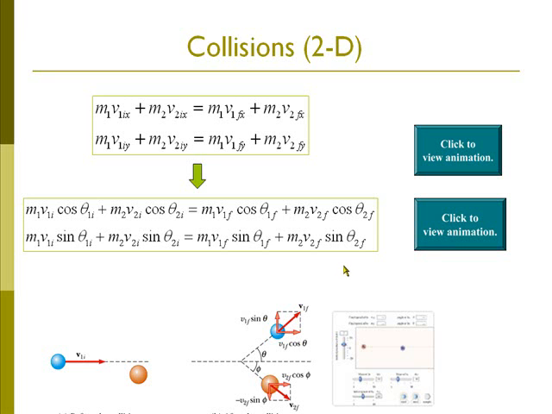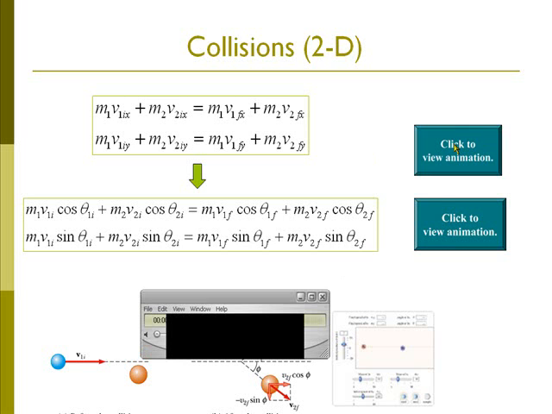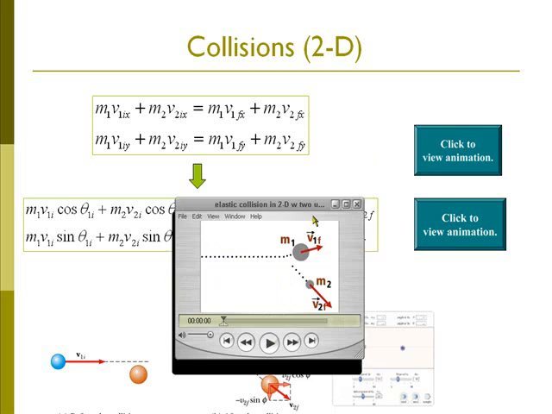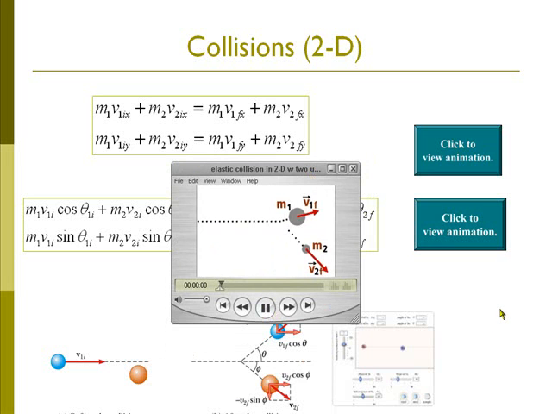Let's view some animations regarding these types of collision, and let's begin by viewing the video animation. When a moving object undergoes an elastic collision in 2 dimensions with a stationary object with a different mass, the particles scatter off from each other.